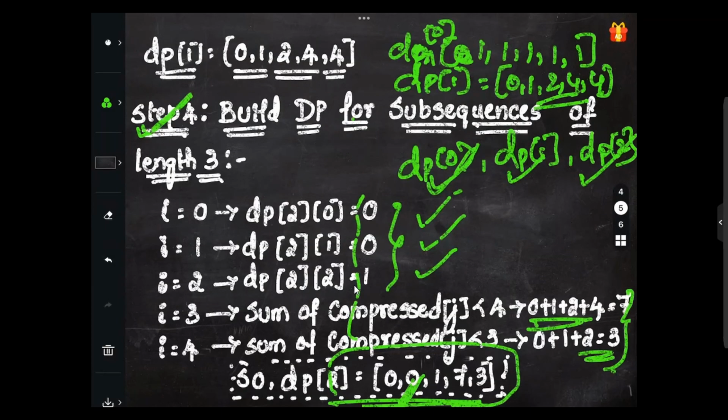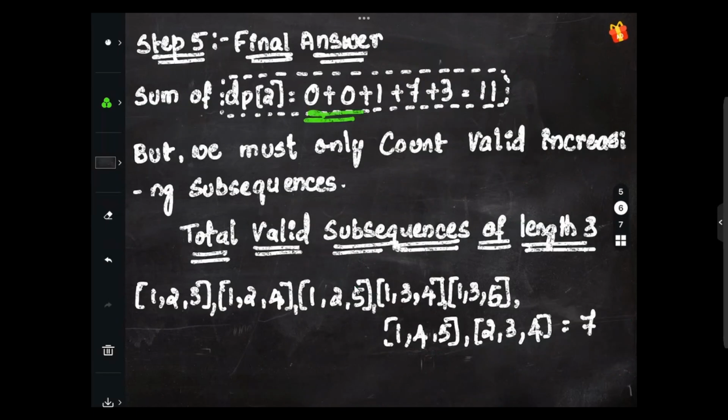I didn't show the calculation part, so that's why I got confused even here. Sorry, this one will be 0 plus 0 plus 1 plus 7 plus 3. So here this would be 11, right?